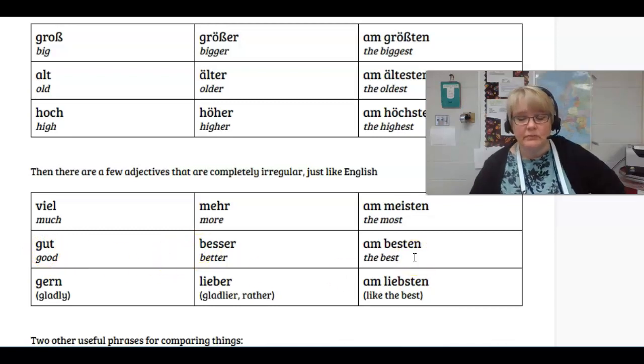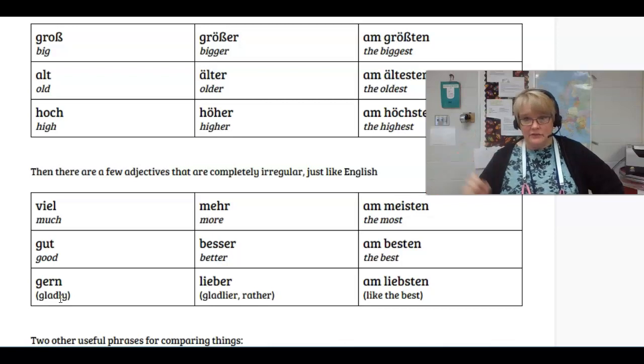The last one here is the one that's going to cause you problems. Because we don't have this in English, you will forget this. I will keep having to remind you, it's okay. But we've worked with gern, gladly. It's an adverb. I gladly do that.